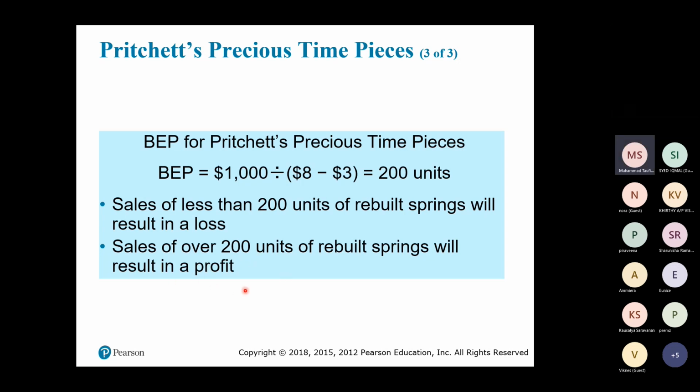This is one of the techniques for business analysis. Because of your fixed cost and variable cost, it is important to sell at least 200 units of spring so that you can recover all your costs and start to make your profit.